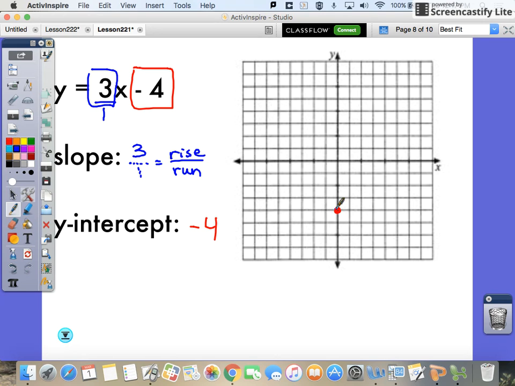So from there, you can rise 1, 2, 3, run 1. Or down 3, backwards 1. That will still fall in line. Our slope is positive, so if the little dude was over here, he'd have to walk uphill. It'd be pretty steep, but he'd be going uphill.